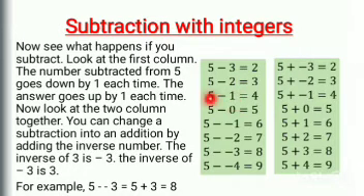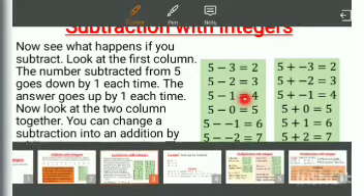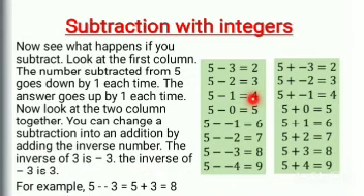We will now say 5 plus, because we want to change this one to plus, so it will be 5 plus minus 1, because minus 1 is the inverse of this 1. And then this plus, you have already changed it to plus. So 5 minus 1, if 5 minus 1 is equal to 4, then 5 plus minus 1 is also equal to 4. And it's applicable to everything that we have here, as well as this one also.